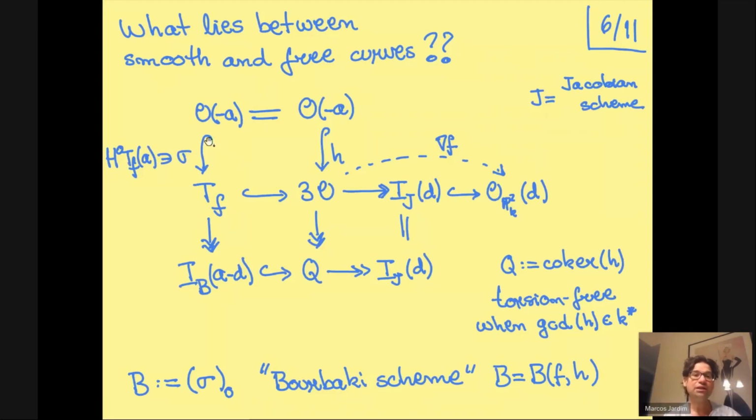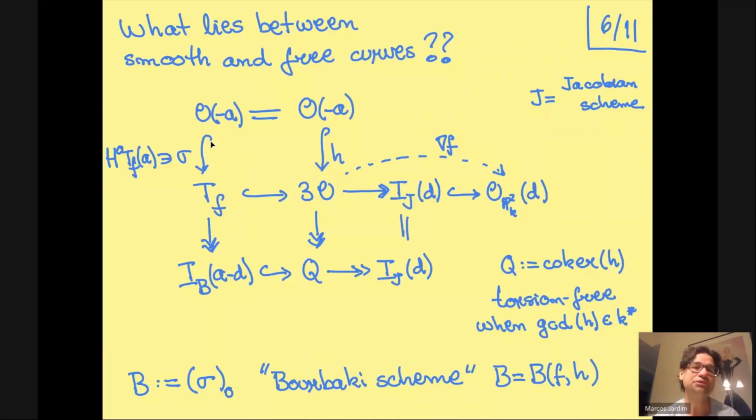And then you can look at the co-kernel of this section. The co-kernel of this section will give you an ideal sheaf as well. Right? So this is the ideal sheaf of some zero-dimensional scheme in P2. This is what we call the Bourbaki scheme, associated with the curve and the syzygy. And this scheme tells you the zeros of this section.